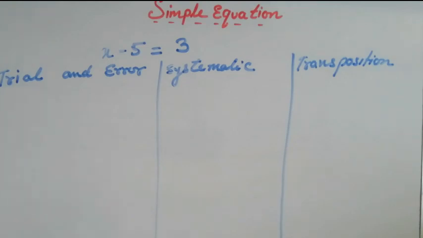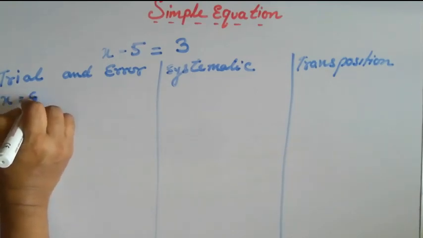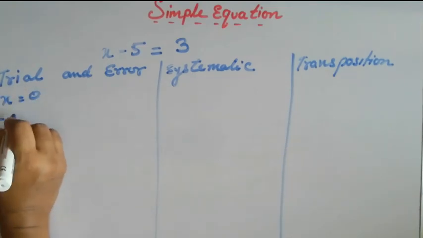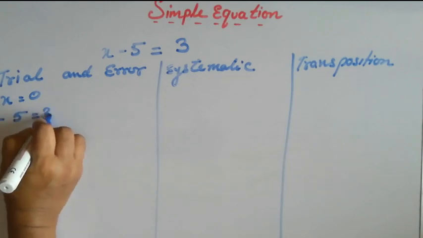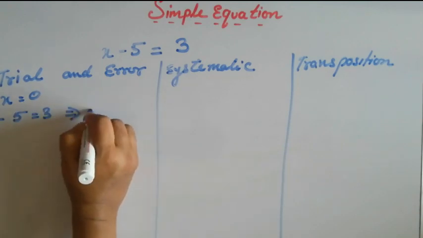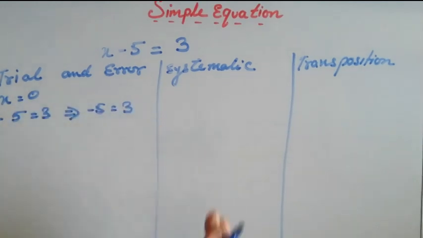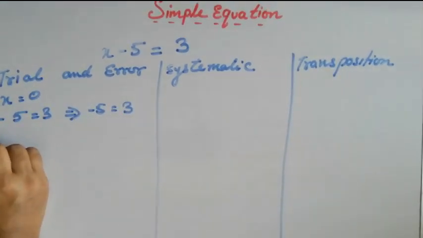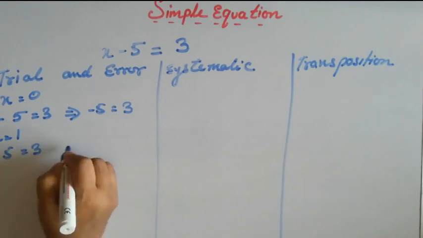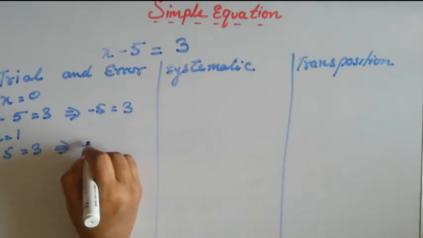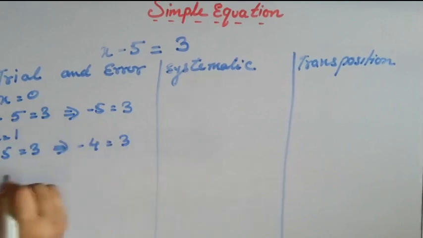Now we have to assume. If I put x equal to 0, then what will be the value? 0 minus 5 equal to 3. That means minus 5 equal to 3, that is not equal. Then we will assume x equal to 1. So 1 minus 5 equal to 3. That means it is minus 4 equal to 3.